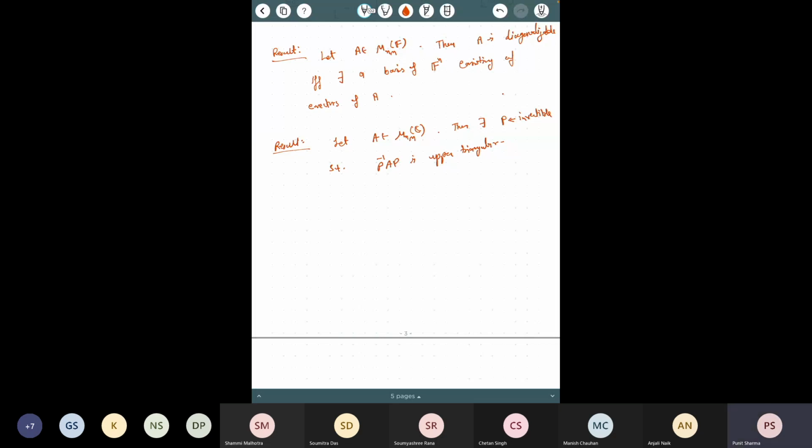Now the problem here is when you try to use this result, P inverse AP, in order to find the eigenvalues of a matrix. This result says that every matrix is similar to an upper triangular matrix, and for an upper triangular matrix we know the eigenvalues.